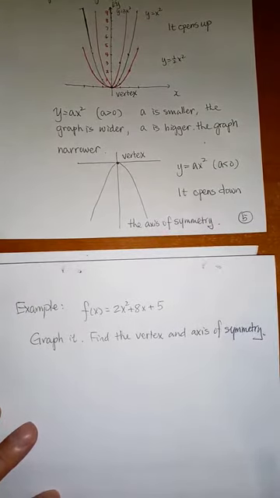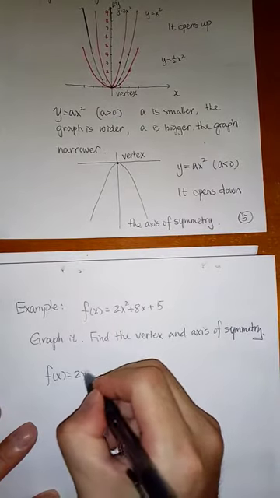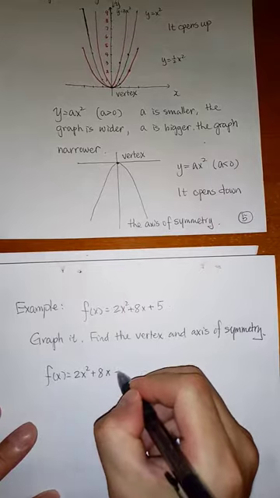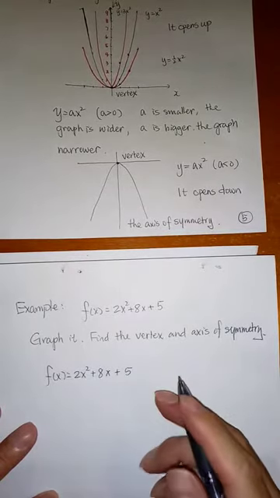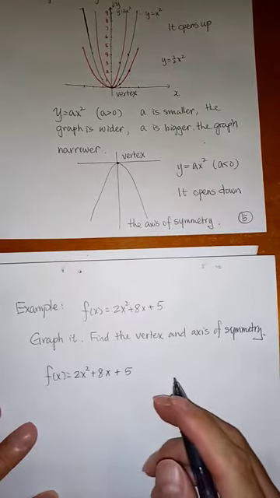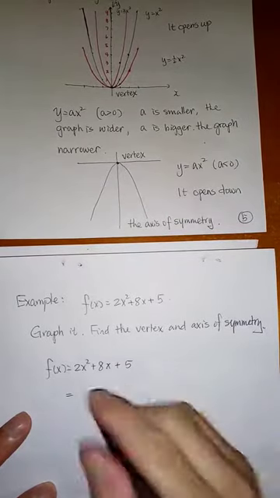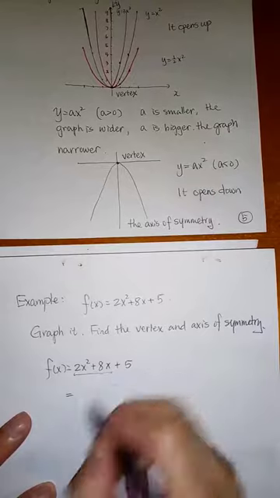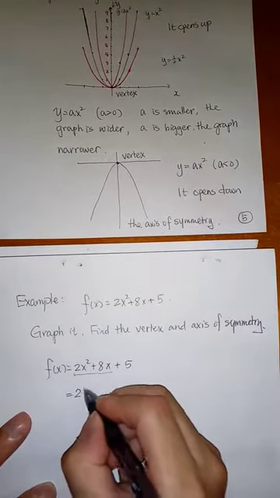Okay, so how do we do that? We'll copy it here. We are going to go through the complete square process. So what is the complete square process? First you leave the constant term aside and just consider the x terms. If x terms have a coefficient, you factor out the coefficient completely.